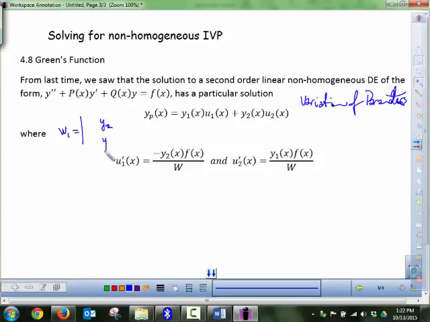That's Y2 and Y2 prime. And then it has 0 and the F function over here. So when you find the determinant of this, you're going to get 0 minus Y2 and F.